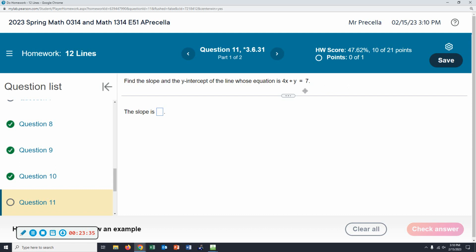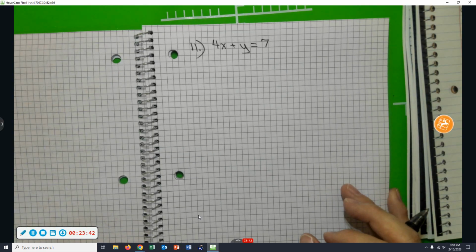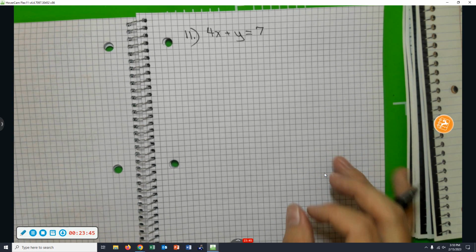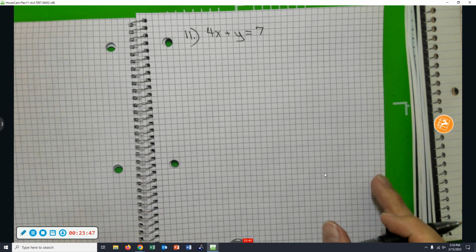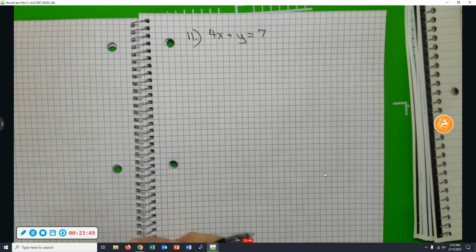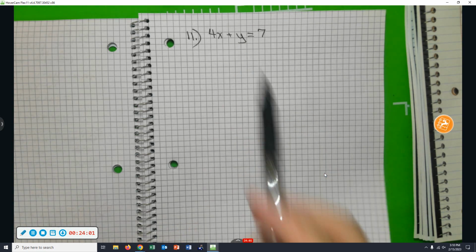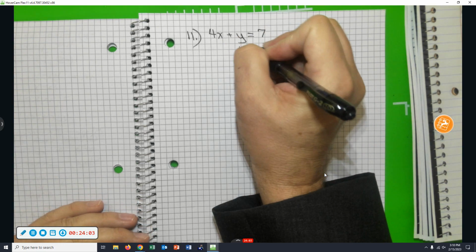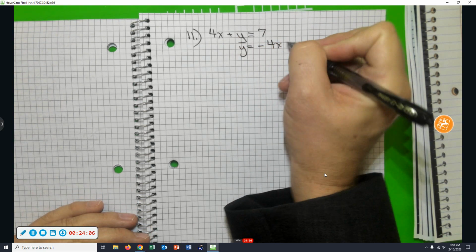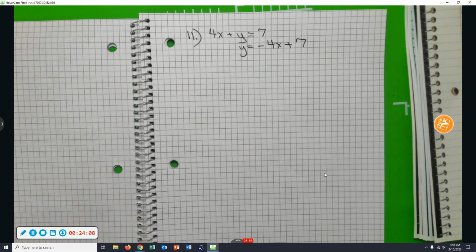They want us to find the slope and the y-intercept, but this thing is not written in slope-intercept form. So before you can determine the slope and the y-intercept, you need that y by itself. So minus the 4x to give us y equals a negative 4x plus 7.